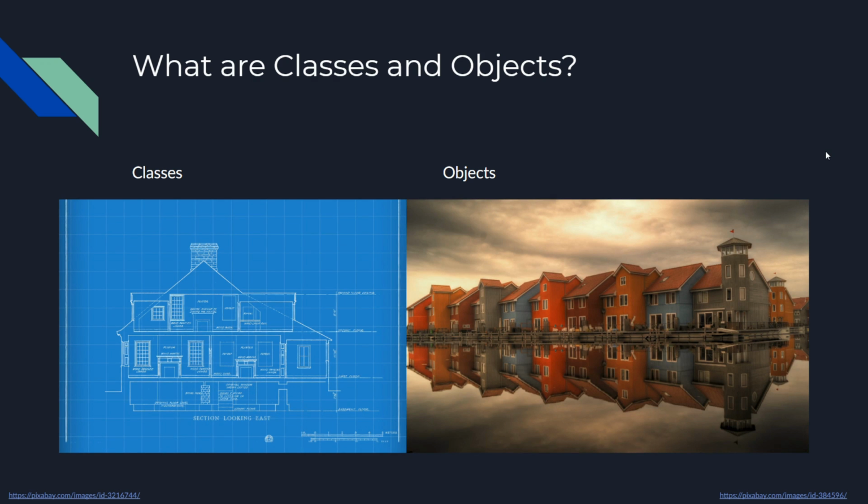So what are classes and objects? I actually probably am missing a slide here. First, we should probably ask, what is object-oriented programming? In software, we often use software to describe the real world, right?